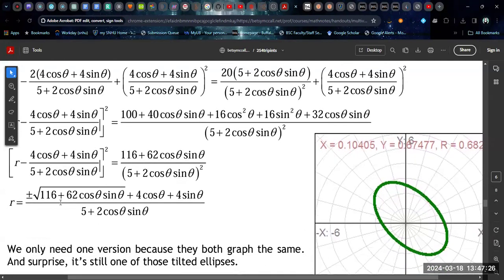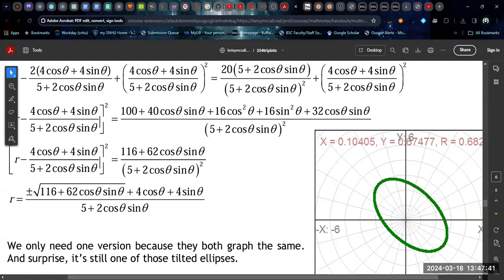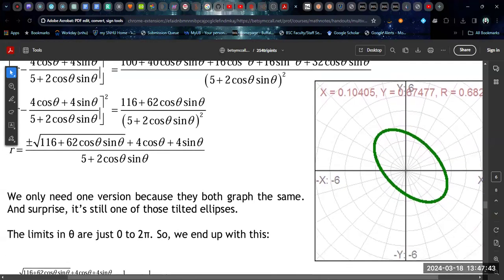And when you actually manage to get r isolated, you get, shockingly, an ellipse that's been rotated and shifted off the origin, similar to what we had on the other graph. So they should be the same.